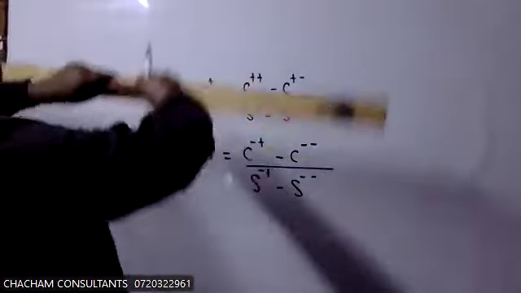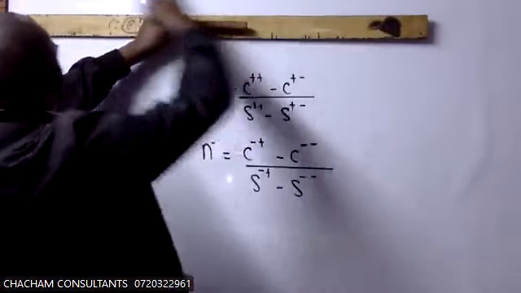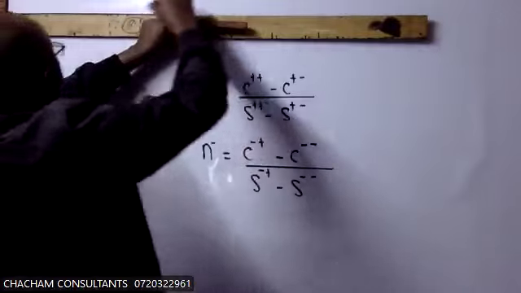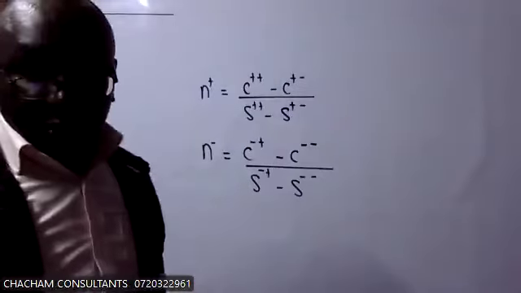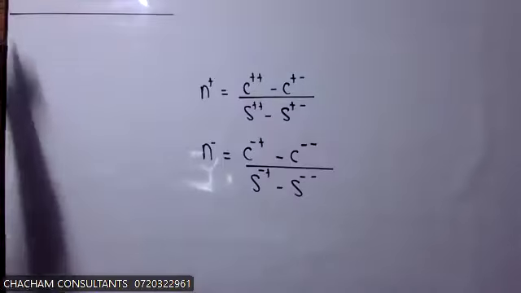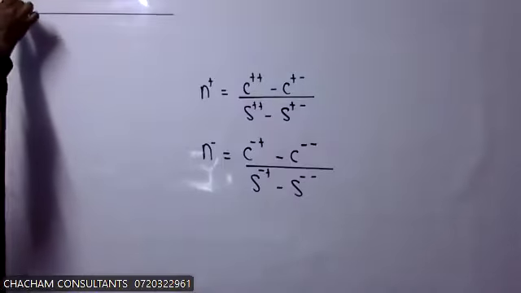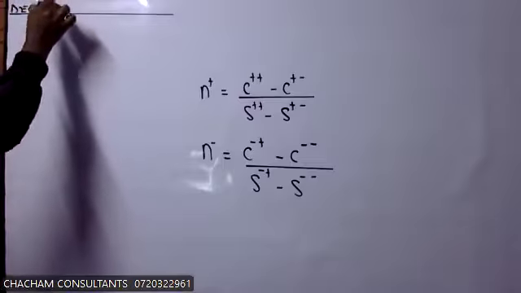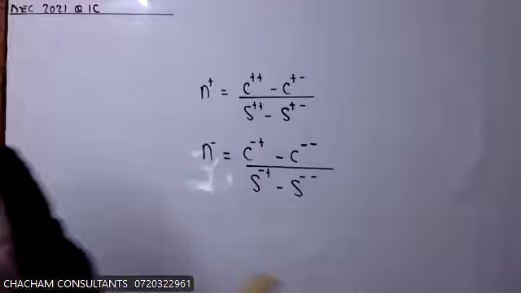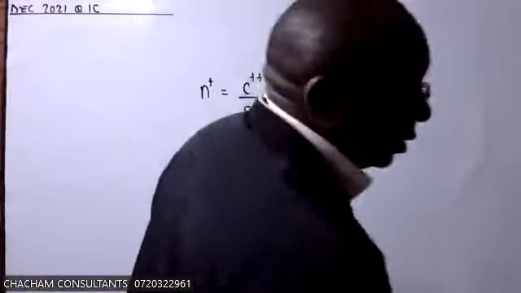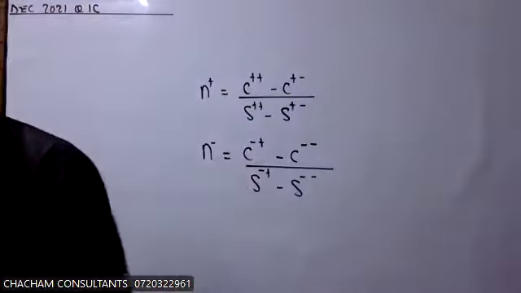So maybe we can do an example that could make it a little bit clearer. December 2021, question 1C, open there. We said December 2021.